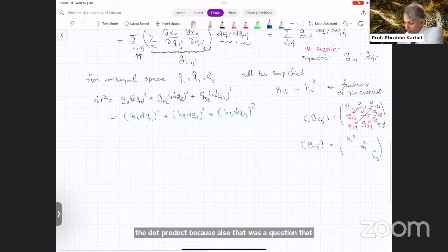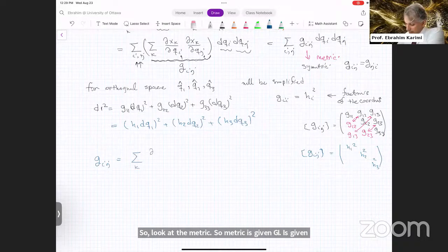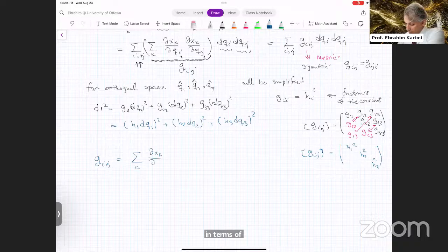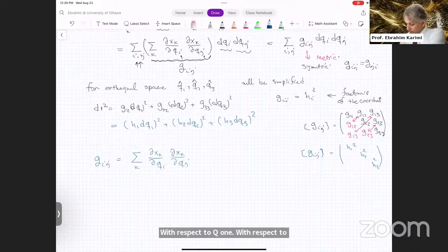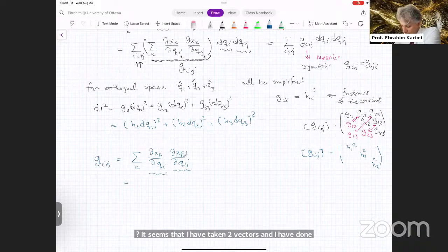So look at the metric. Gij is given in terms of the derivative of xk with respect to Qi, derivative of xk with respect to Qj. And what's that? It seems that I have taken two vectors and done the dot product, because this index K is repeated.